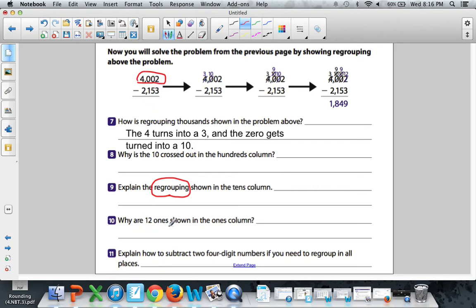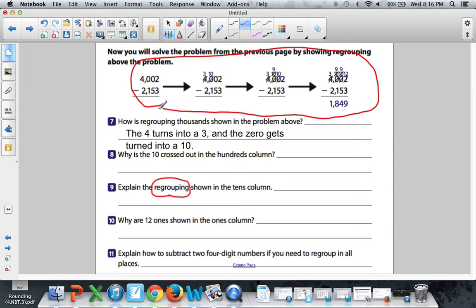Why are 12 ones shown in the ones column? That's over here. 12 ones are there because we borrowed, we regrouped, and we added 10 to that 2. Explain how to subtract two 4-digit numbers if you need to regroup in all places. Well, basically, if you want to get that answer right, all you'd have to do is explain what happened here.